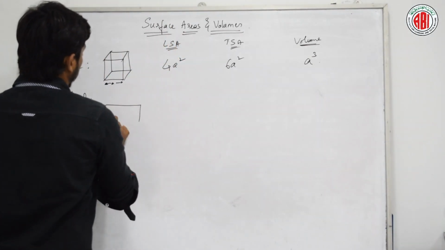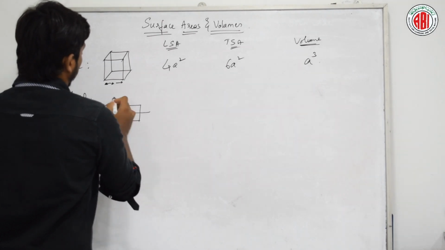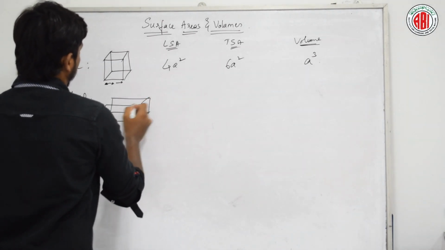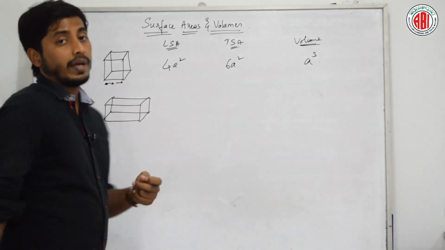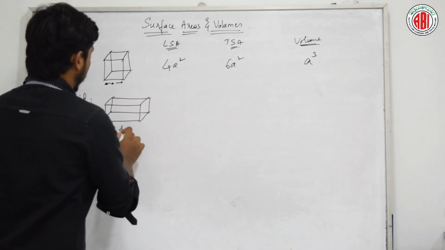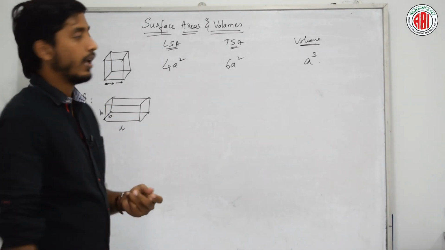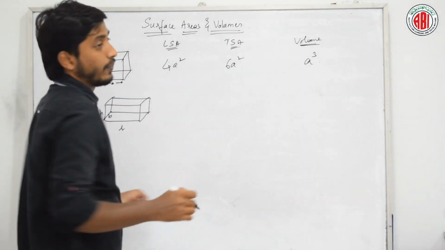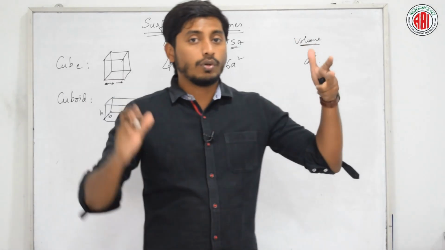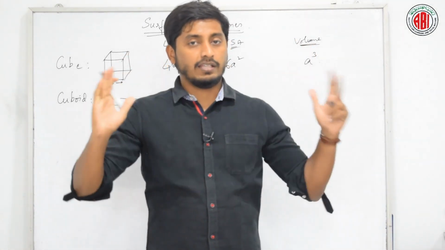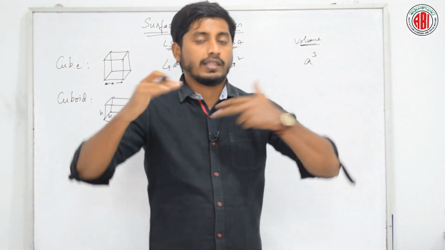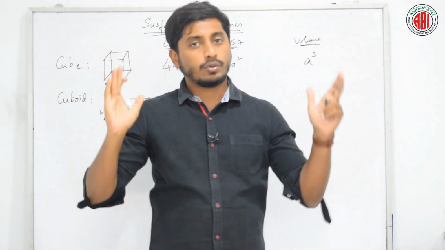Next, what about cuboid? Cuboid also will have 3 different parameters: length, breadth and height. What is LSA now? We have to include the lateral sides, these two and these two, that is 2HL and 2HB.